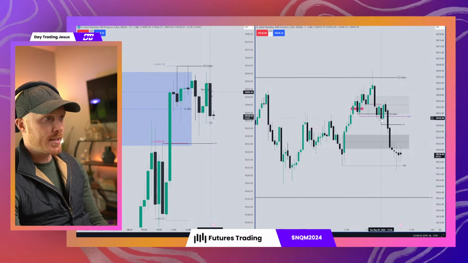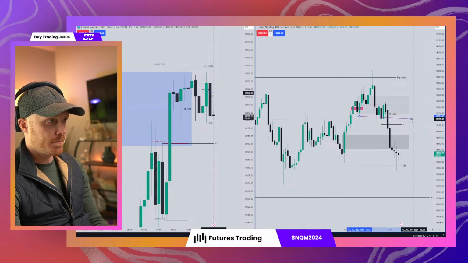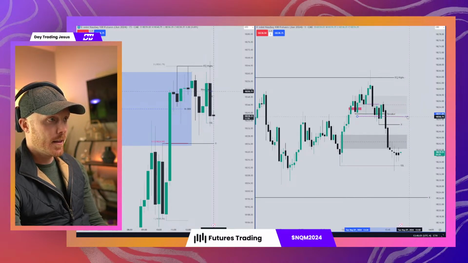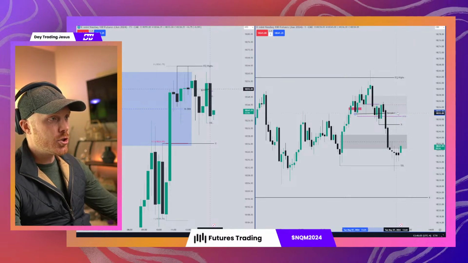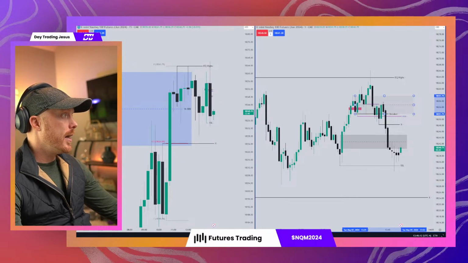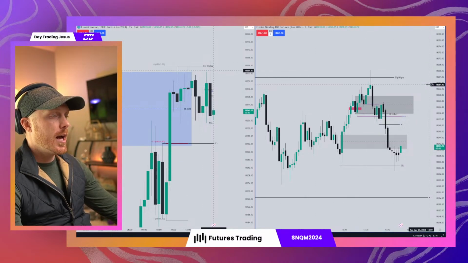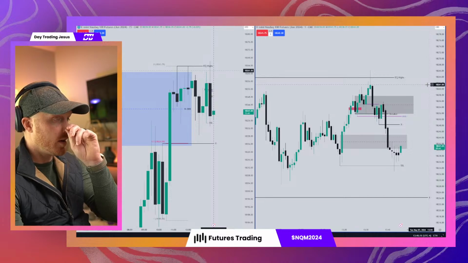So when price comes down and then breaks below this swing low, I'm looking for price to come into this breaker, and that breaker is this breaker box right here. Anywhere in that breaker box, you have permission to go short.